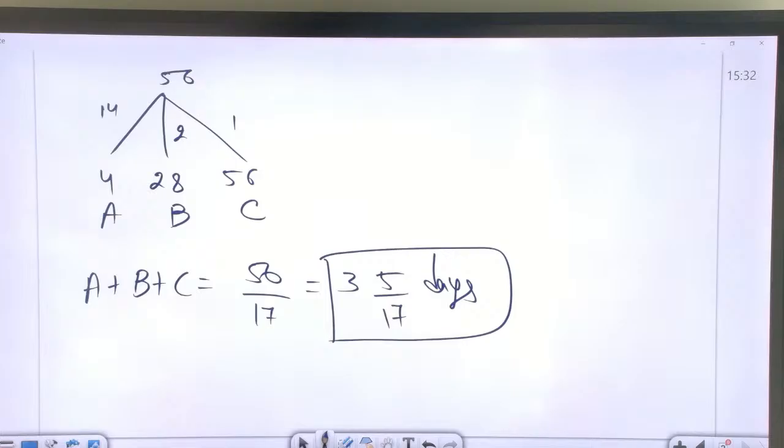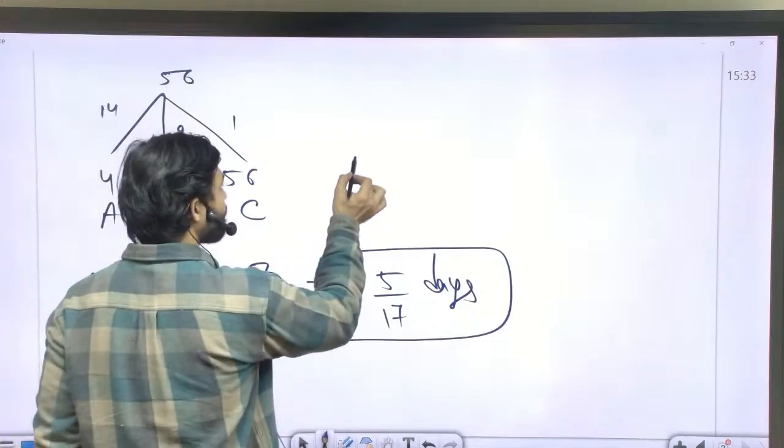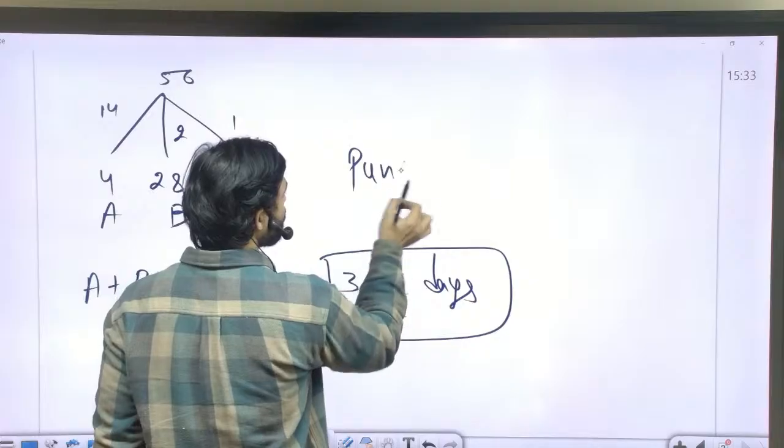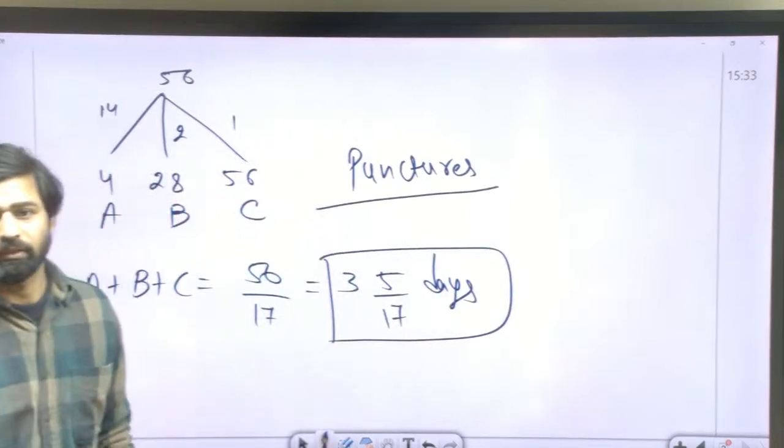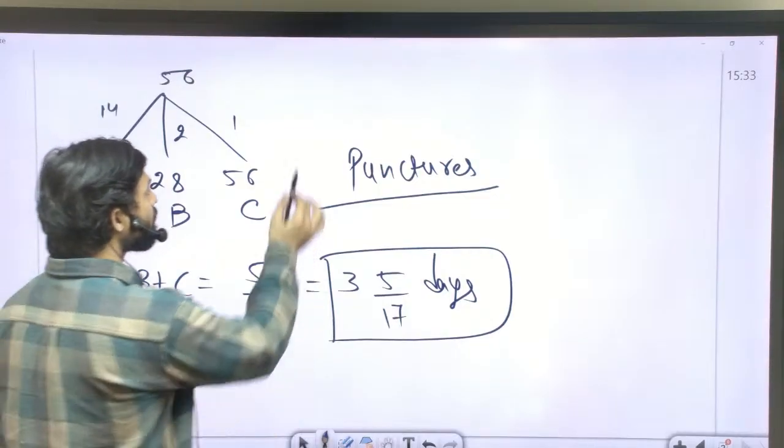A tire has two punctures. Wheel, that wheel, tire. A tire has two punctures. Puncture, like punctures. And what is the spelling of tire?